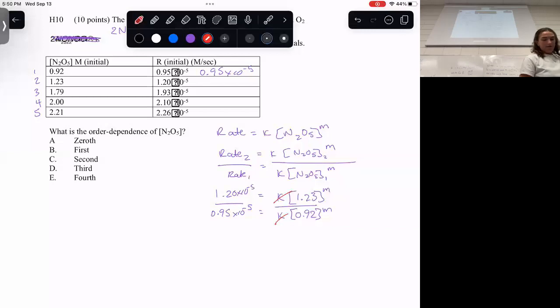So I got 1.2632 is equal to 1.23 over 0.92 to the M. Now you can then divide those two.